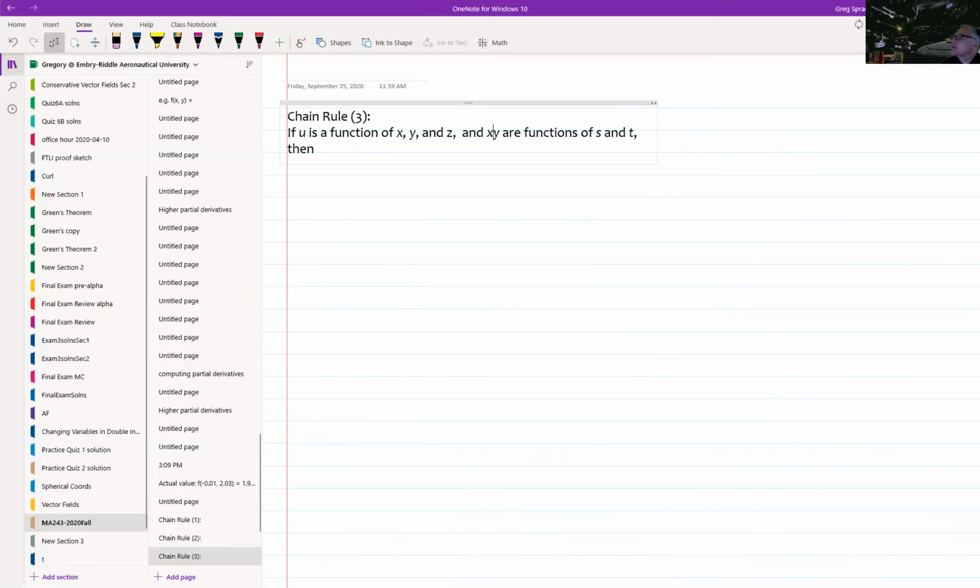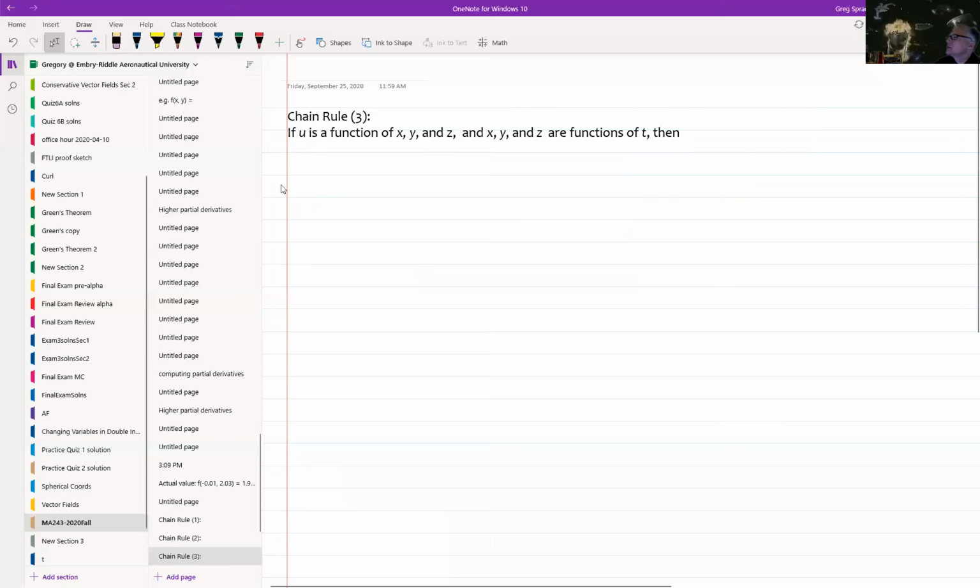And x, y, and z are functions of t. Then we can think of u as a function of t. So du dt should exist, provided everything else is differentiable.